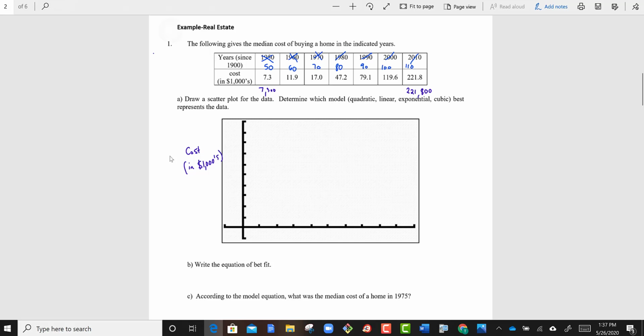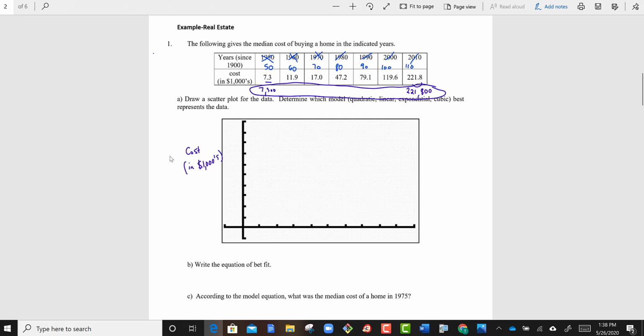And so our lowest cost is 7.3 and our highest is 221. So I see the range of these numbers. If you subtract those two numbers, 221 minus 7, you get about 214.